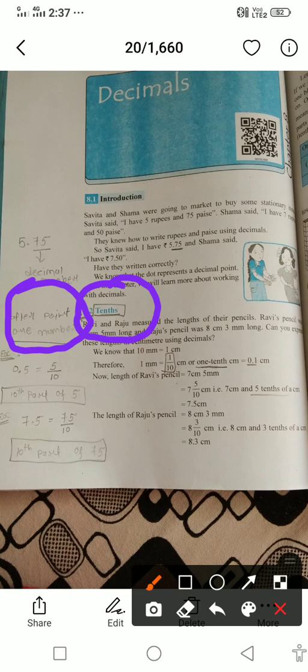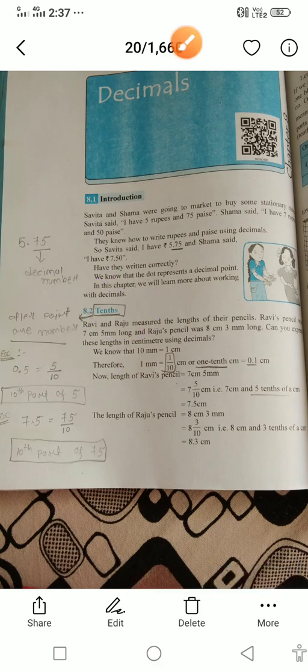Suppose I give one example here. If 0.5 is there, then we can write it as 5 by 10. 5 by 10 is a fraction. I have written here decimal to fraction. If a decimal number is 0.5, then in decimal to fraction we can write 5 by 10.